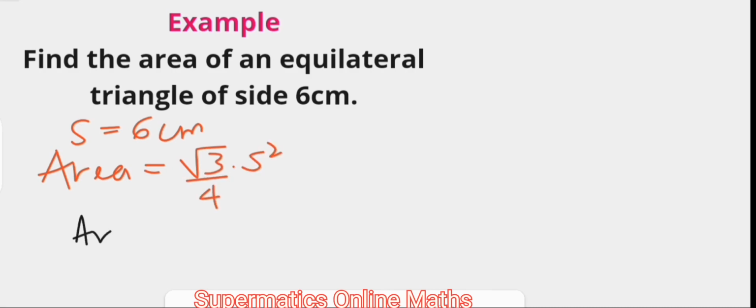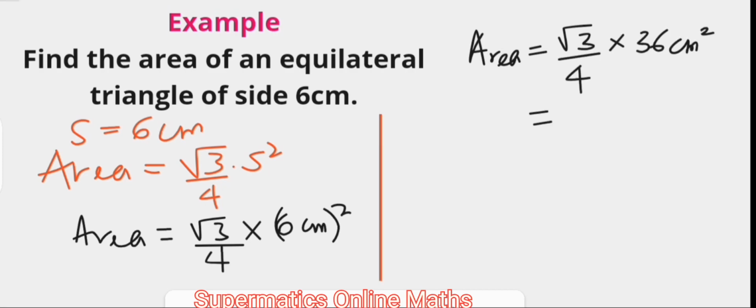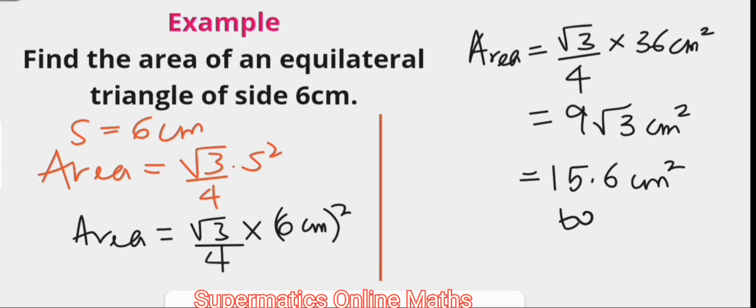So in this case, the area is root 3 over 4 times 6 centimeters squared, which is root 3 over 4 times 36 centimeters squared. And that is 9 root 3 centimeters squared as the area of the equilateral triangle. And this to three significant figures is 15.6 centimeters squared.